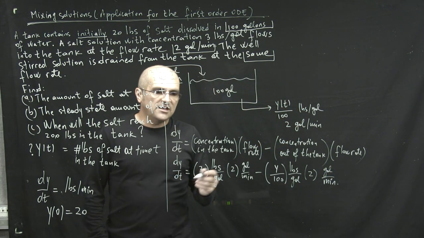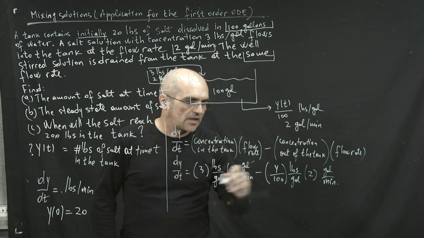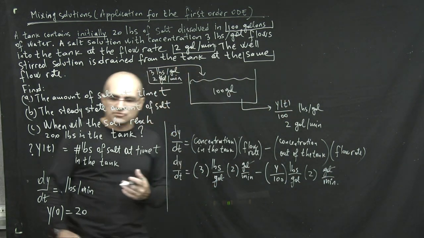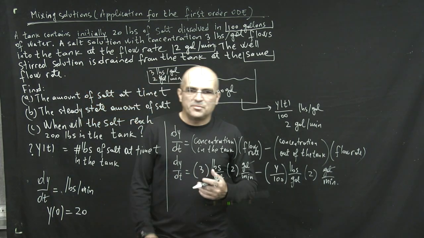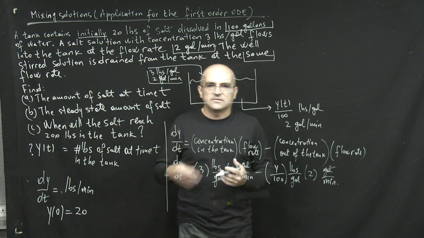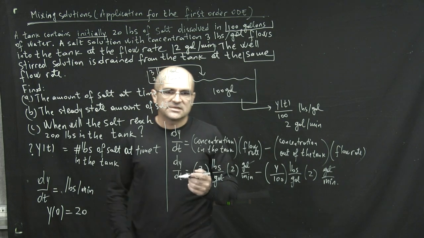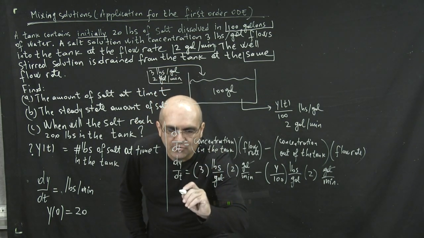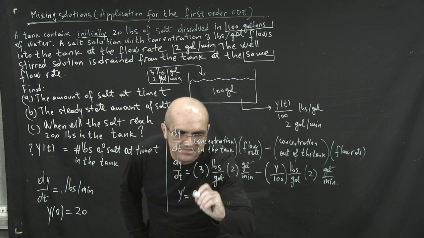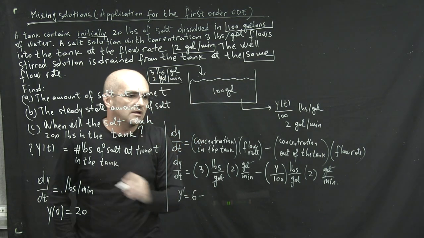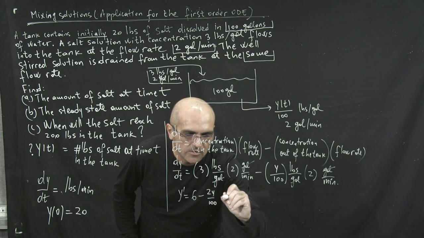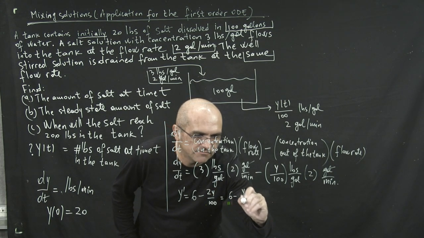Notice that the gallon units cancel as expected, because remember what I told you, dy/dt should be pounds per minute, how the salt changes as time goes on. So y prime, if we simplify this, becomes 6 minus 2y over 100, or 6 minus y over 50.